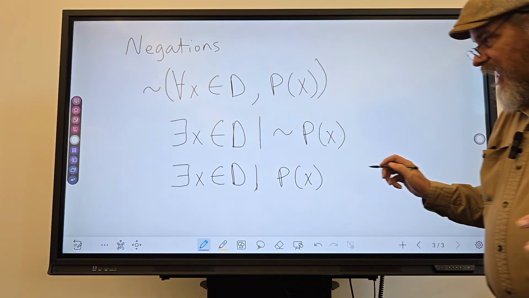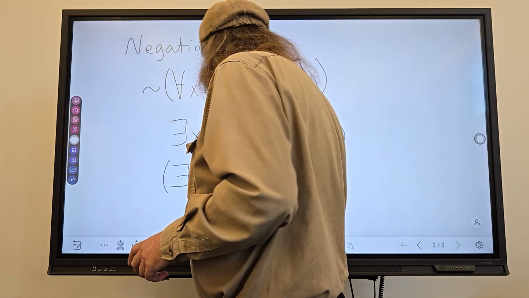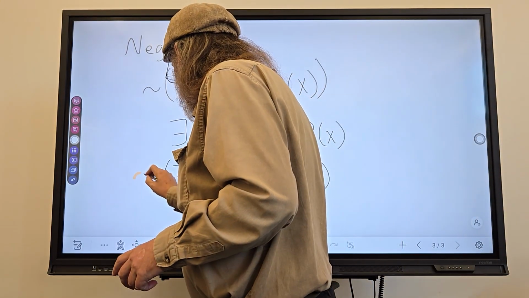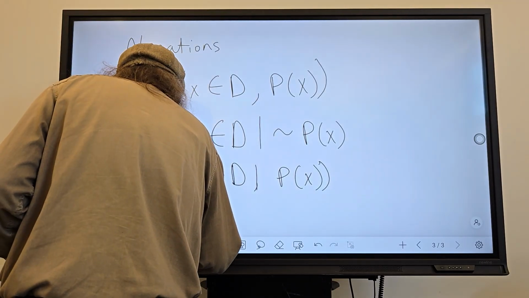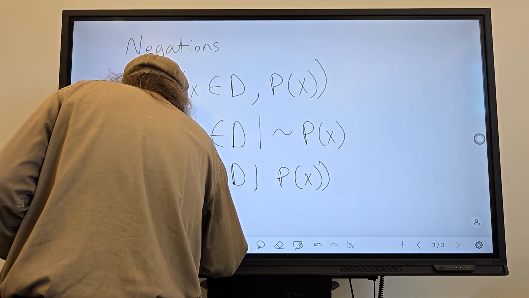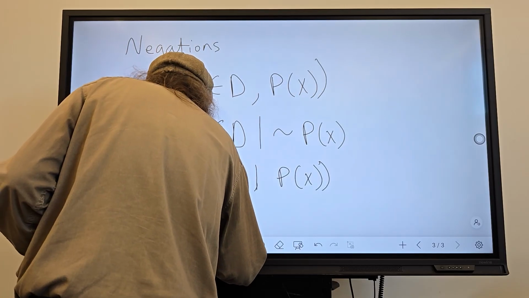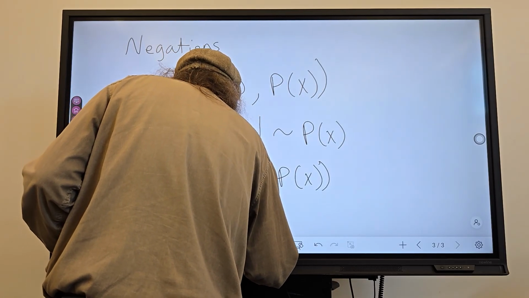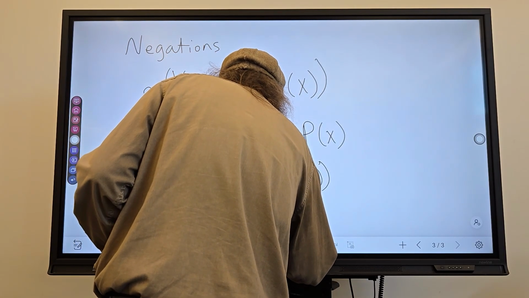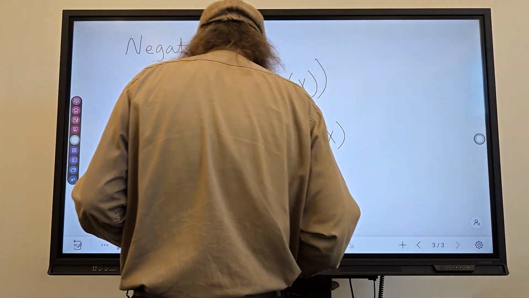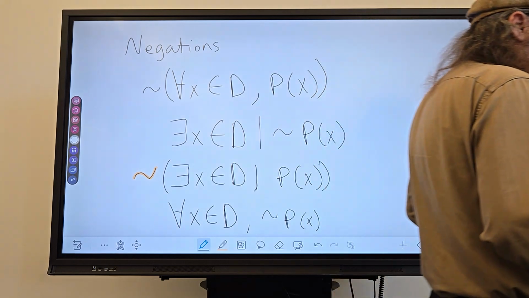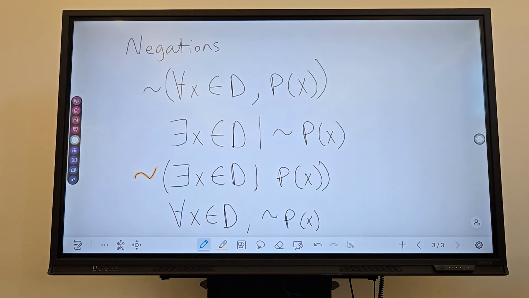The negation of that would be for all x elements of D, not P(x). That means there's no element in D for which P(x) is true.